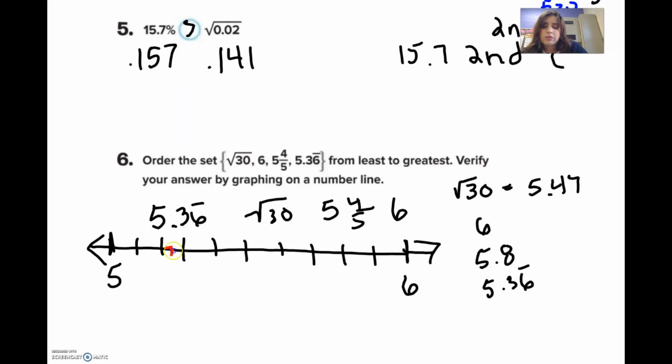It goes right in the middle here. 5.36 repeating. Then we have 5.47, so it's going to be right here. Then we have 5.8, which is going to be all the way down here because this is 0.8. Then we have 6, which is right here. And that's all there is to it.